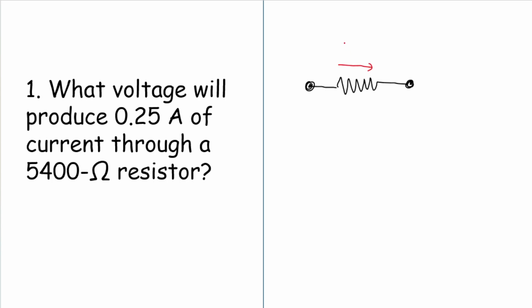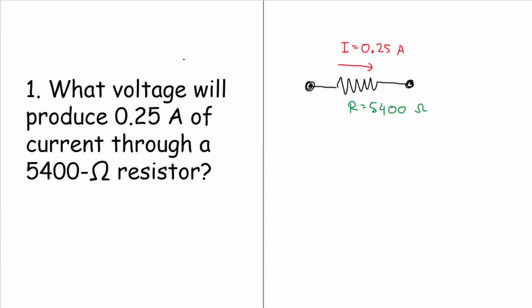So the I here is equal to 0.25 ampere, but then this resistance here is 5400 ohm, and we need to find out the potential difference.